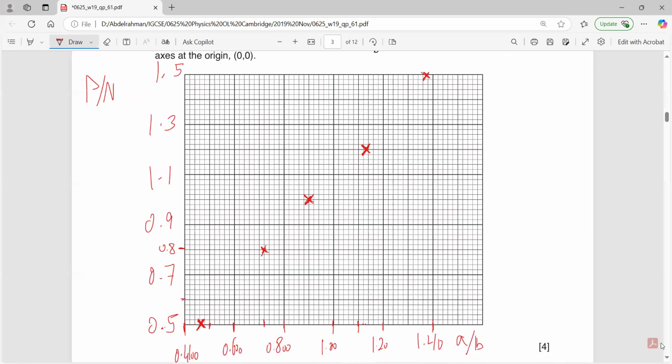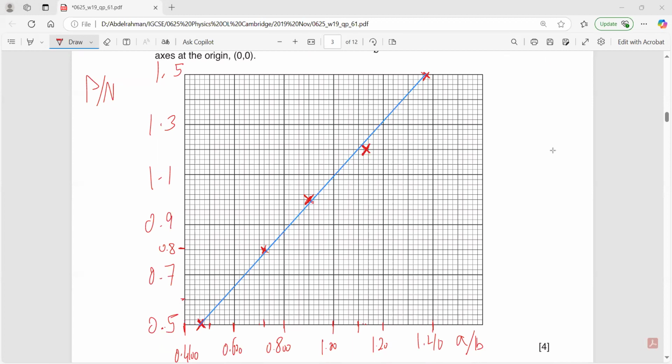Can I draw a line of best fit? Yes, I can. Let me use this line with a different color. It would be somewhat like this. Actually, this would be a really good best fit line. Why? Because all of the points are very close to the line.